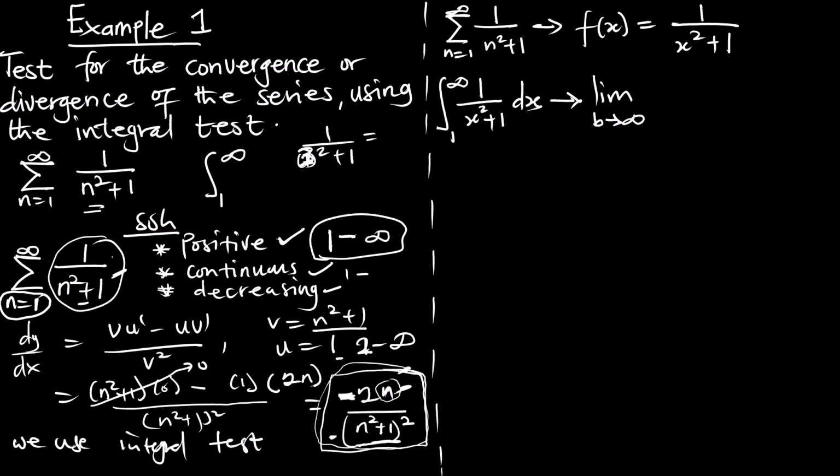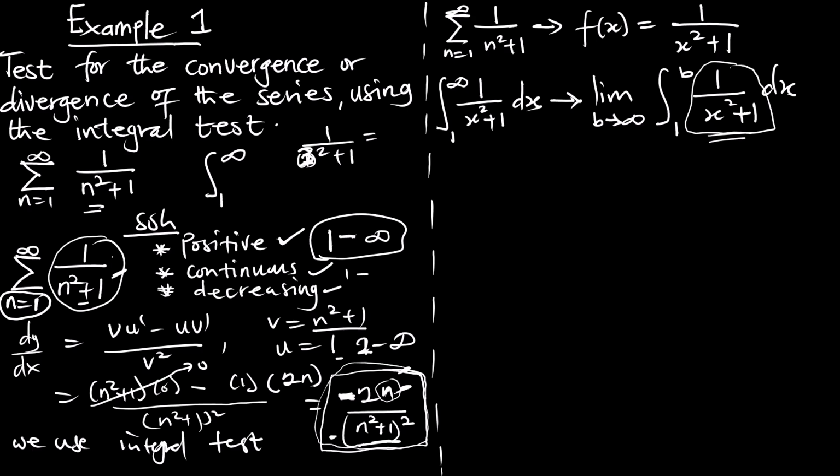Now this is a proper integral from 1 to b of 1 on x squared plus 1 dx. The integral of 1 on x squared plus 1, from the identities, is tan inverse.